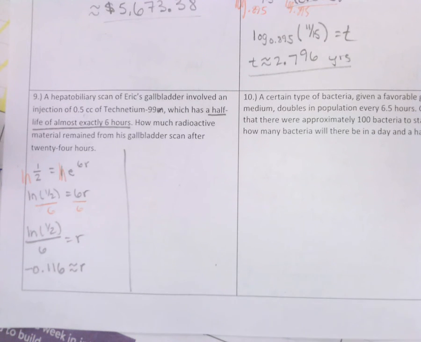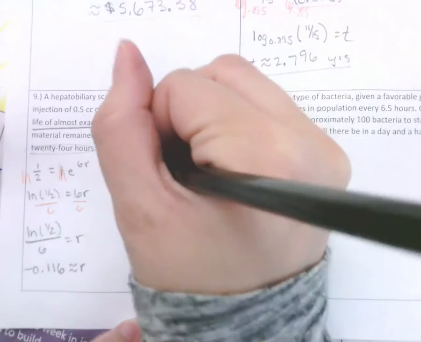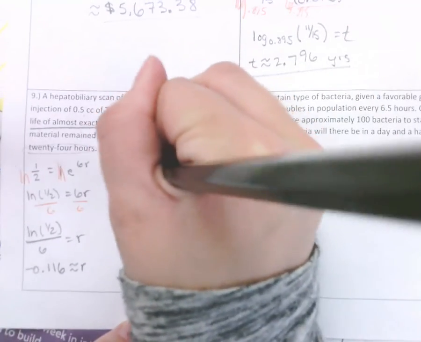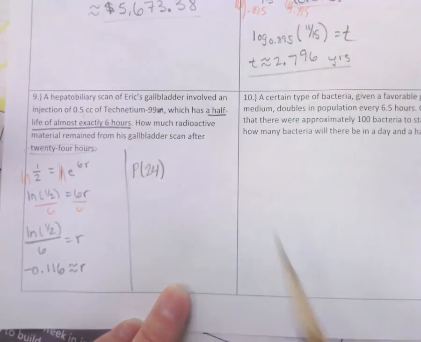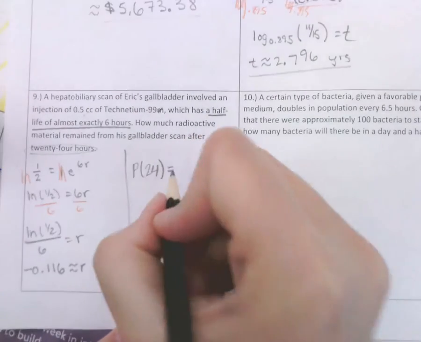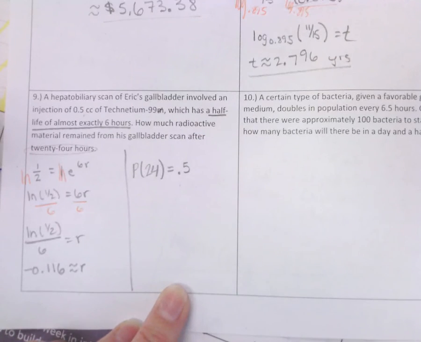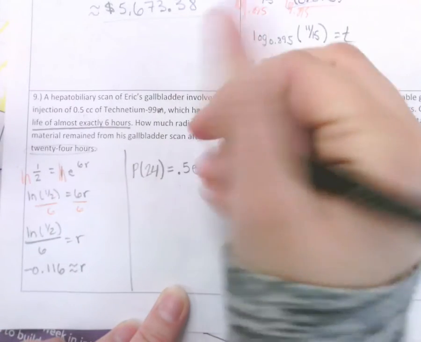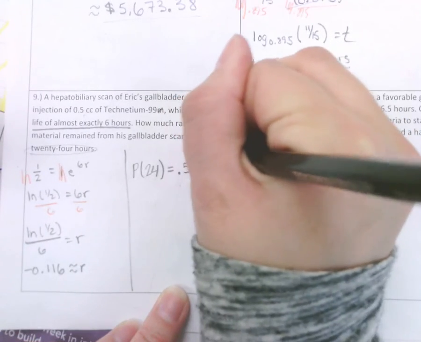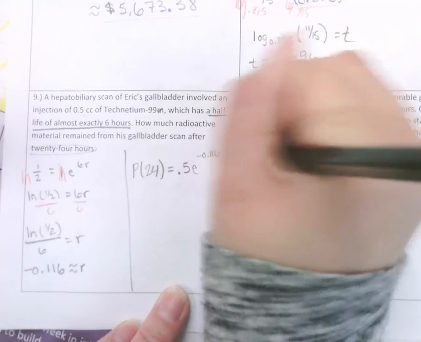Now, how much is left after 24 hours? We know we started with half of a cubic centimeter, so my initial amount is 0.5, times e to the negative 0.116 times 24 hours.